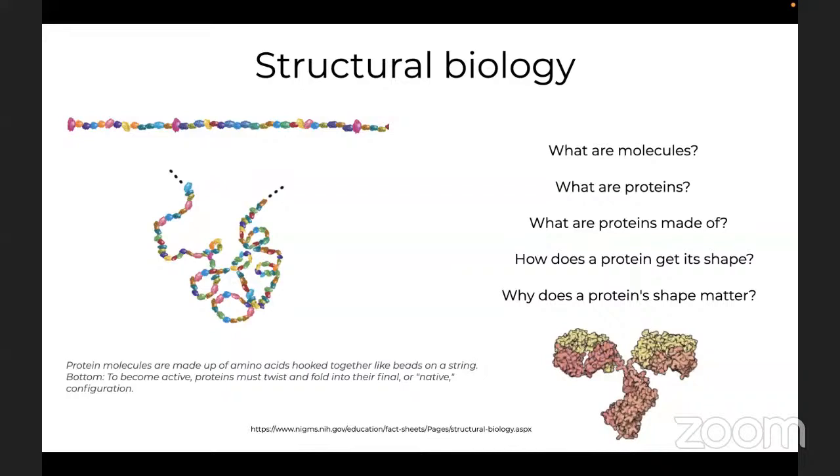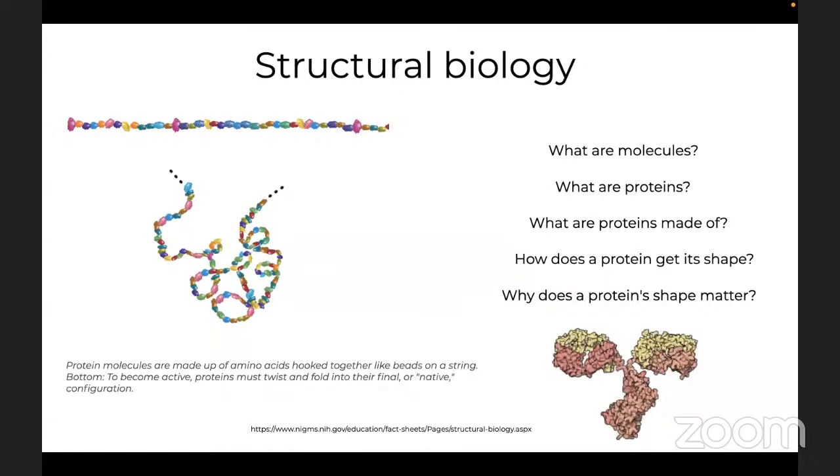So what are proteins? The next question. If you know the answer to some of these questions, please feel free to write it in the chat, that would be great. Proteins are molecules that contribute to virtually every activity in our body. They are involved in everything.